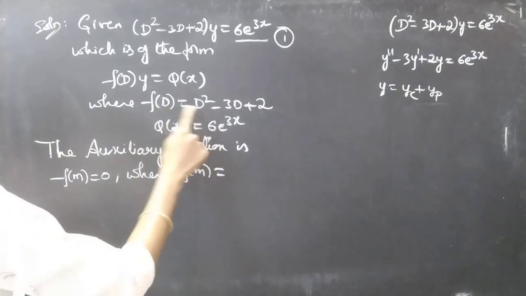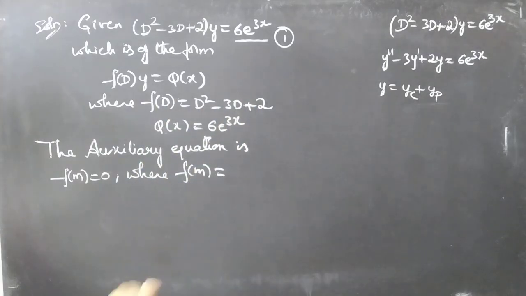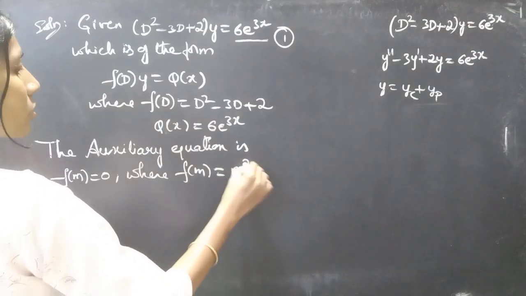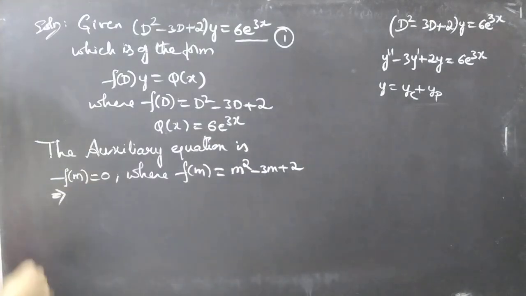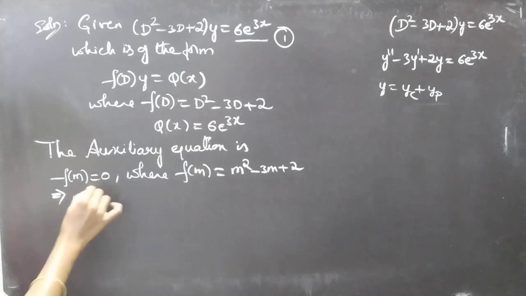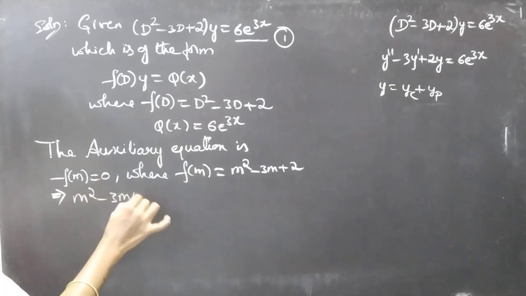Let's replace the differential operator D by m, so that we get f(m) = m² - 3m + 2. Then the auxiliary equation becomes m² - 3m + 2 = 0.